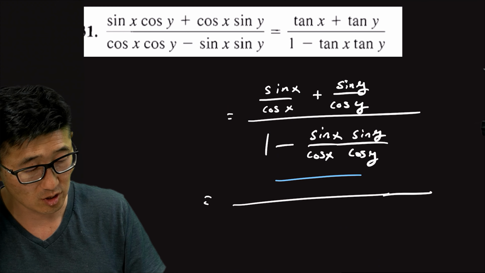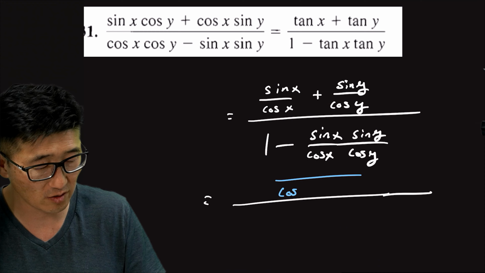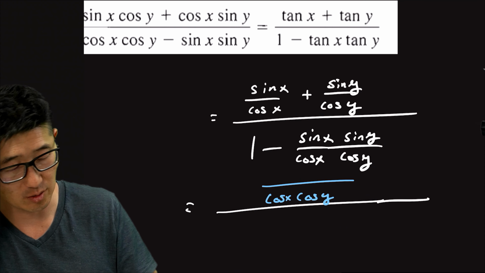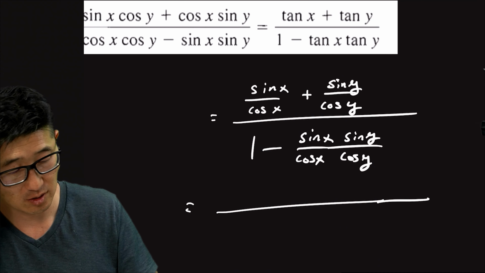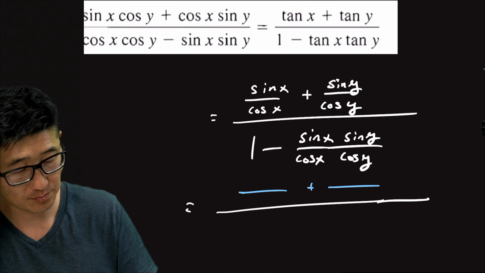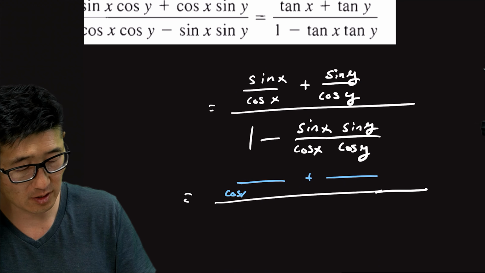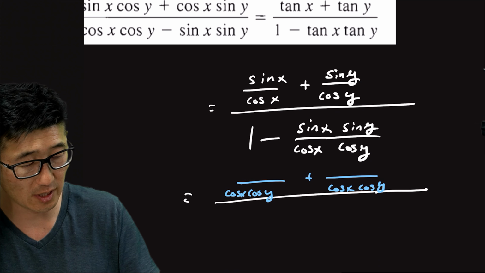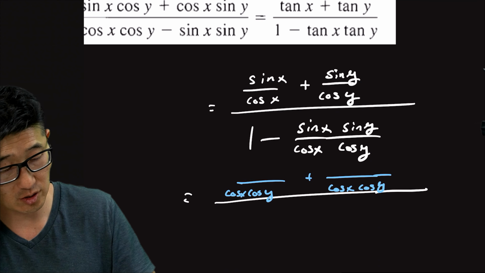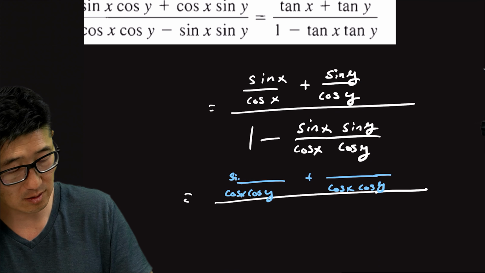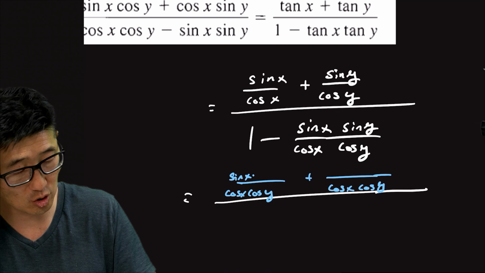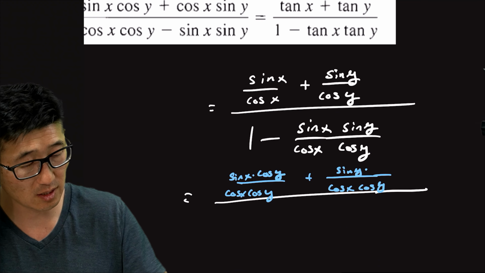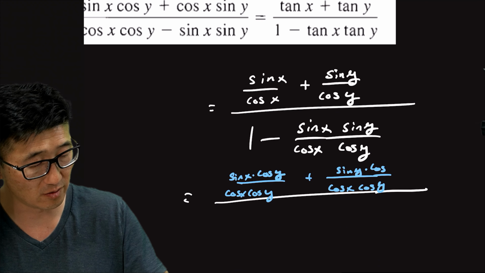So the numerator, I'm going to write this as cosine of x, cosine of y. Actually, let me do it carefully so that you'll see what's going on. So this will be like this: cosine of x, cosine of y over cosine of x, cosine of y. And then on the numerator, this will become sine x times cosine of y, and this will become sine y times cosine of x.